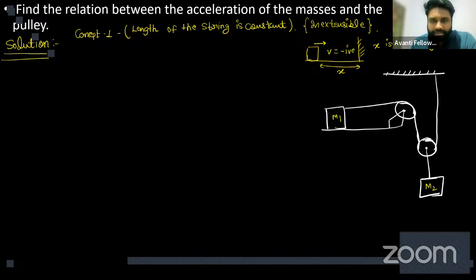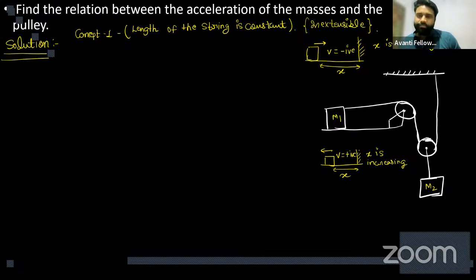But if the block is moving away from the wall, x is going to increase, so we would consider the velocity of this object as positive. Got it? These are the two concepts that I have told you.